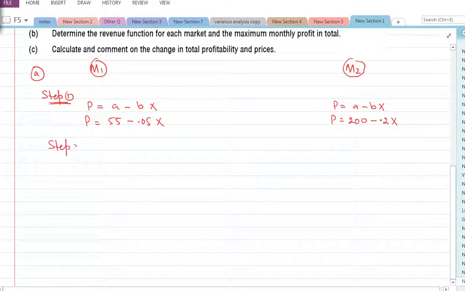Step number two. In exam, you don't have to write it again if it is already given to you. Now, step number two was to find the quantity which will maximize the profit. Remember, for that, we have to equate marginal revenue and marginal cost.